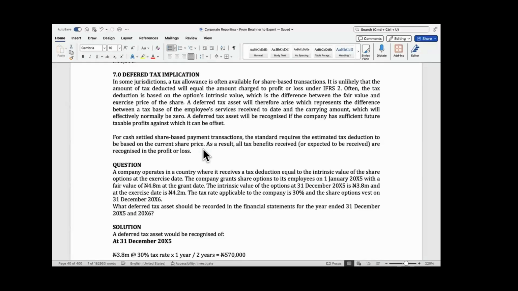For cash settled, we will measure it at fair value at the end of each year, which is what the taxman will reckon with. But for equity settled, you are measuring it at the fair value at the grant date, historical. Taxman will not reckon with that.